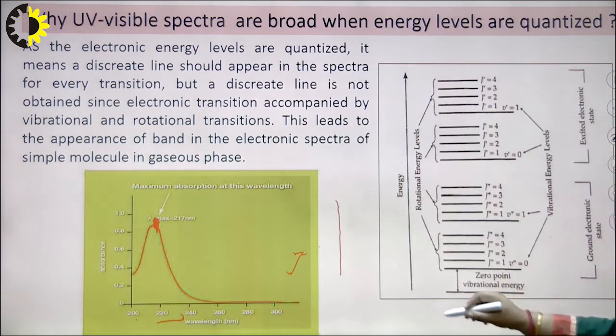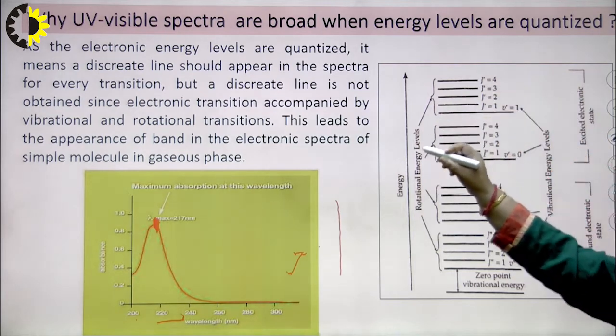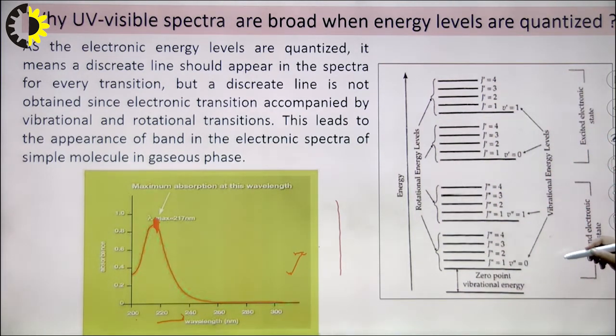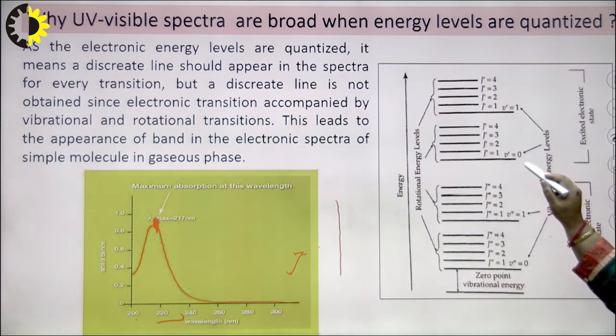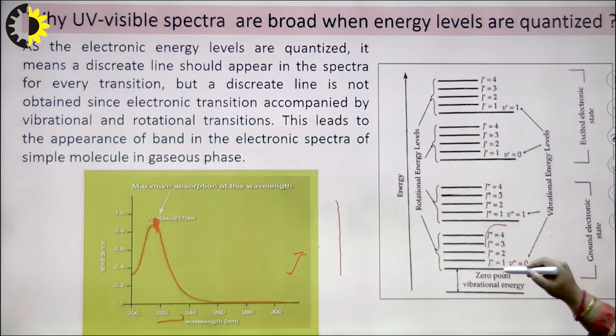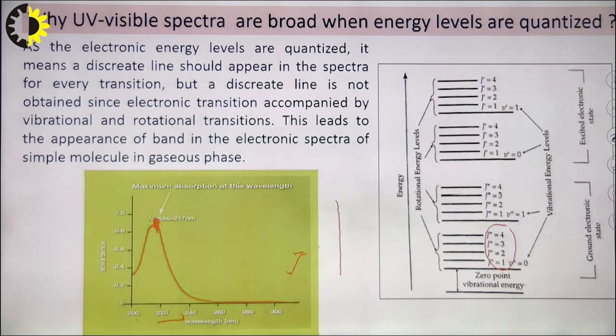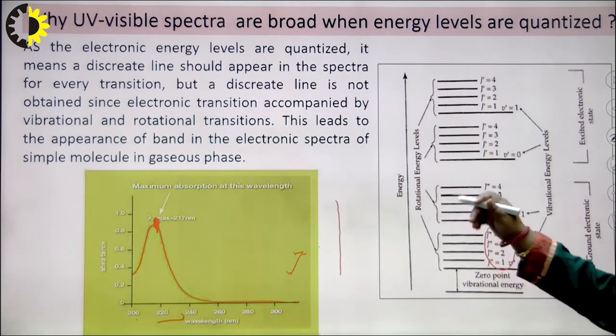I have already discussed this type of molecular energy level distribution, and here it is clear that an electronic excited state is associated with vibrational energy levels, and vibrational energy levels are also associated with a group of rotational energy levels. So, if there is a slight transition in the electronic state, there may be a transition between vibrational as well as rotational energy states, and that is why we get a broad spectrum.